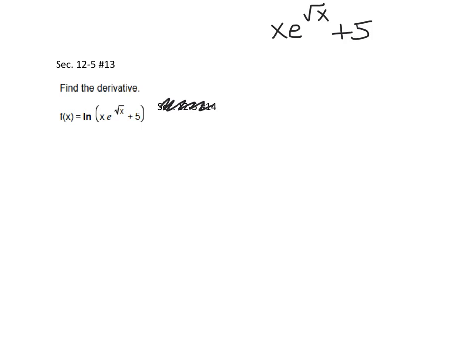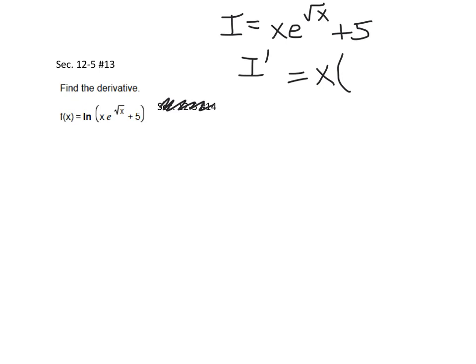So we will call this, since I call it the inside function, we need to find the derivative of the inside function, which I'll call I prime. And the first part of that is a product. So the first thing we're going to have to do is take x times the derivative of e to the square root of x.